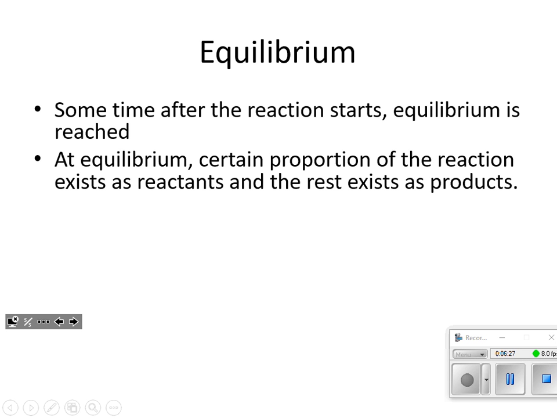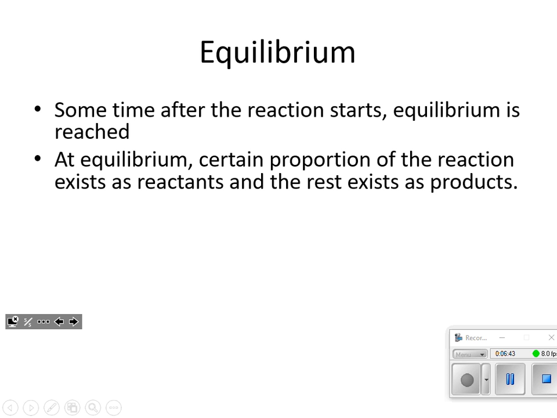It doesn't change the amount we have in our wallets. We're just exchanging back and forth. At some point, when the same amount is exchanged forward and reverse, that's when we have reached equilibrium.